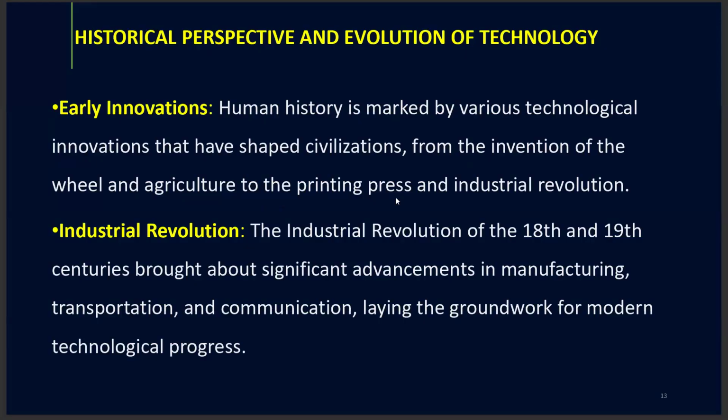Now let's look at the historical perspectives and evolution of technology. When we look at emerging technology, history is very important here. We need to look at the industrial revolution that took place.